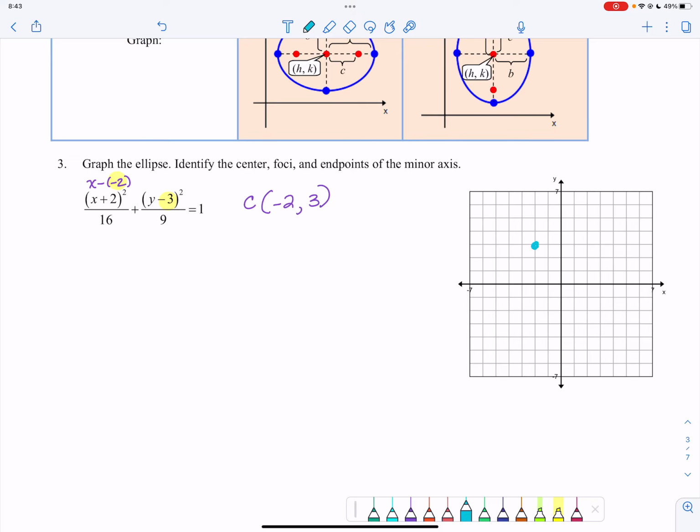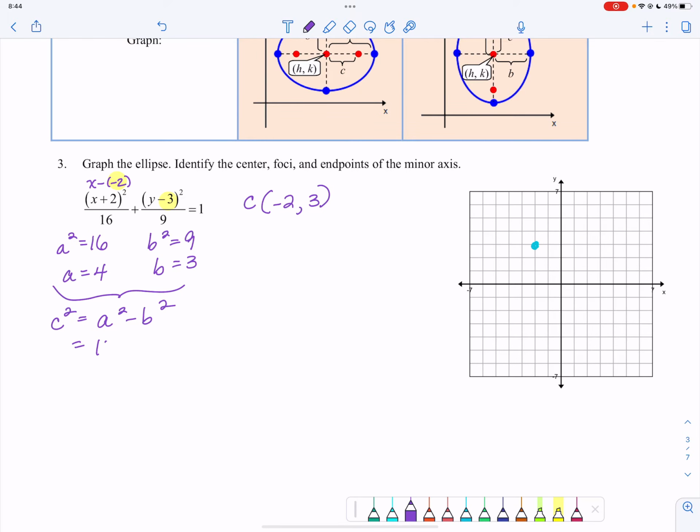So let's identify a. Remember, a is the larger number. So a squared is 16. And then b squared is equal to 9. We have a equal to 4 and b equal to 3. We always want to go ahead and find c squared. And c is root 7.